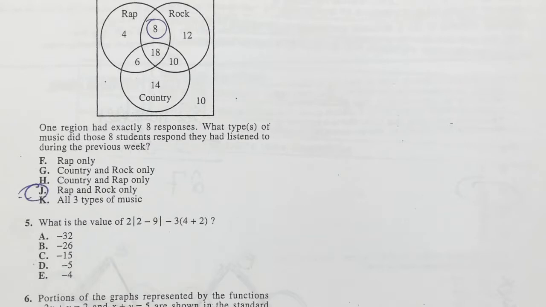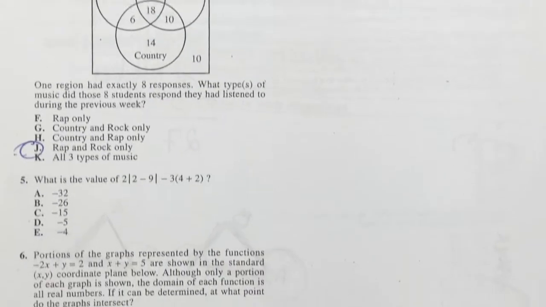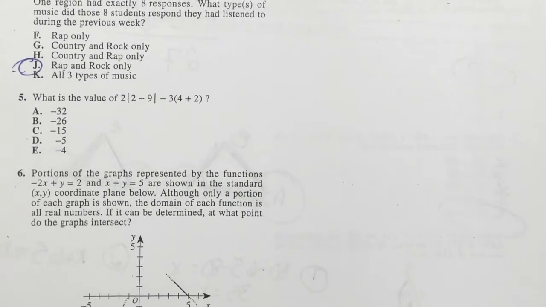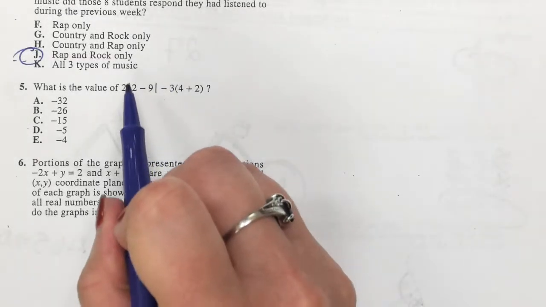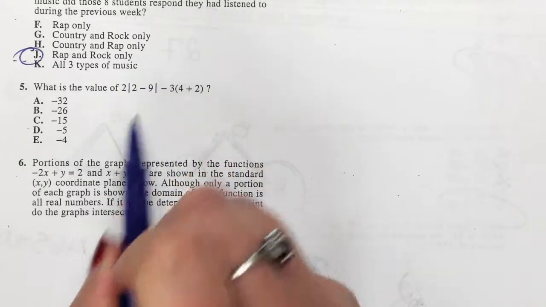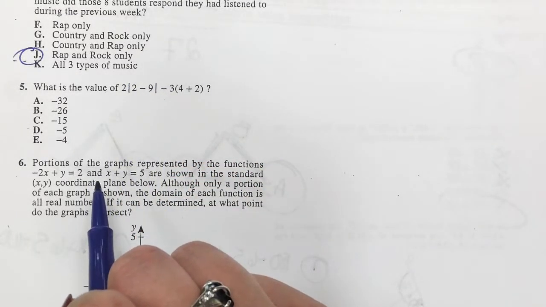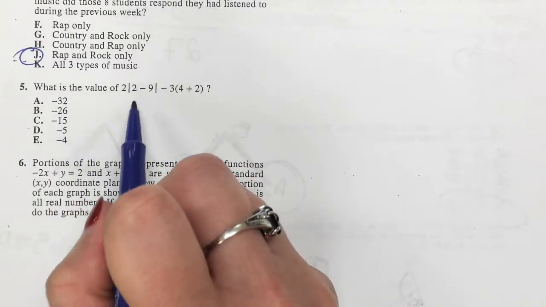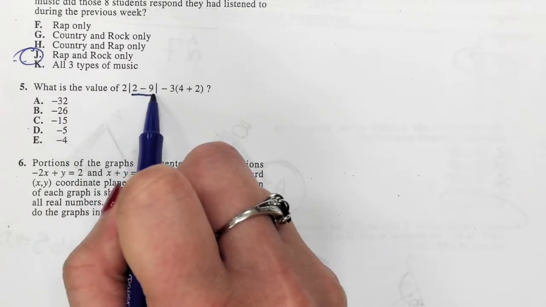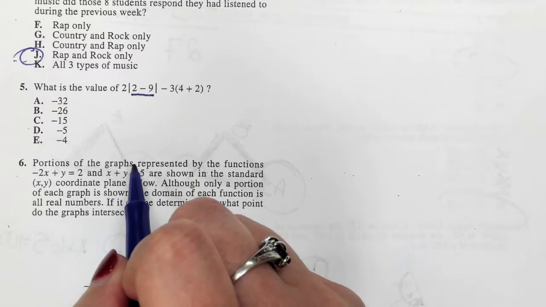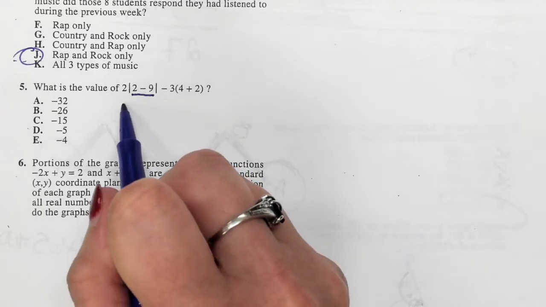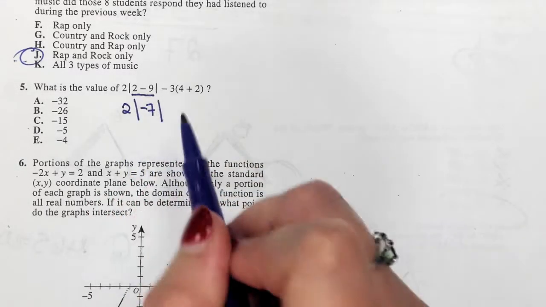Y'all okay? All right. Number 5. Number 5 is an extremely easy problem. However, because of these little guys right here, what are these little things called? Y'all want to make everything positive, and that's not what happens. So a lot of times y'all will say 2 plus 9, which is not right. What is 2 minus 9? -7.